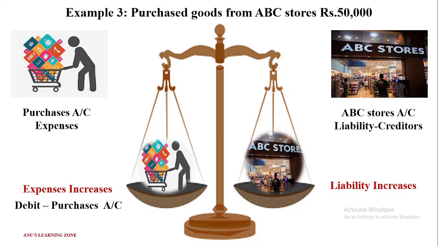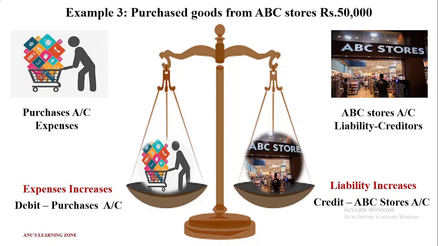So we have to write purchase account, to be debited as it is increasing. And liability is also increasing. Whenever a liability is increased in the business, we have to credit that particular account. So we have to credit ABC stores account.